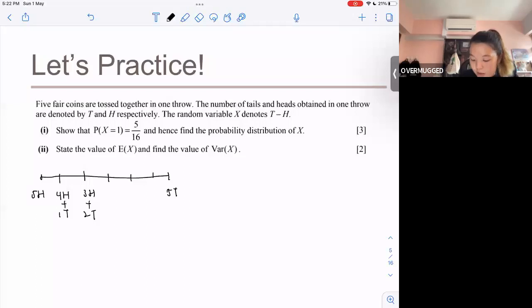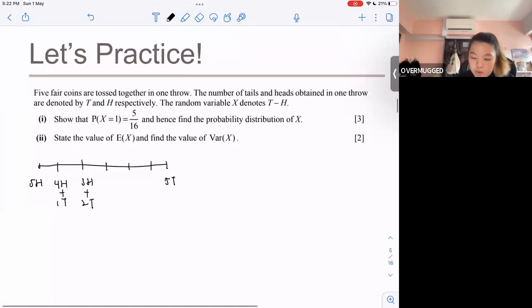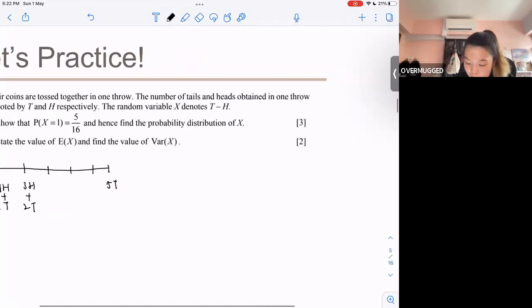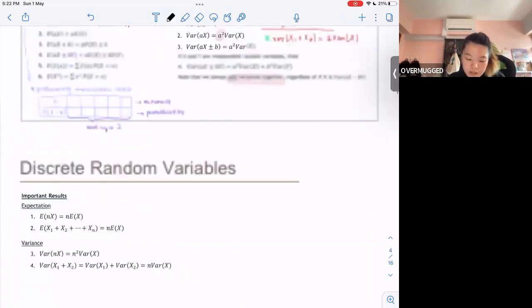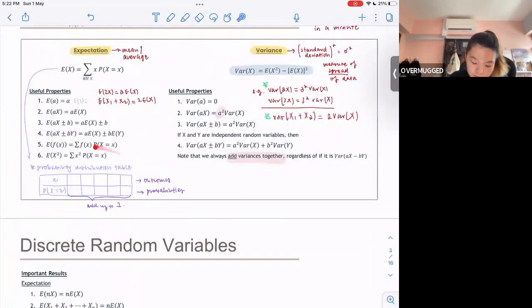There are different outcomes, but basically if we take 5 tails minus 0 heads, or 5 heads, these give the possible outcomes for my small x, and they ask me to tabulate the probability distribution. This actually means the table that we drew earlier over here, this purple color table.